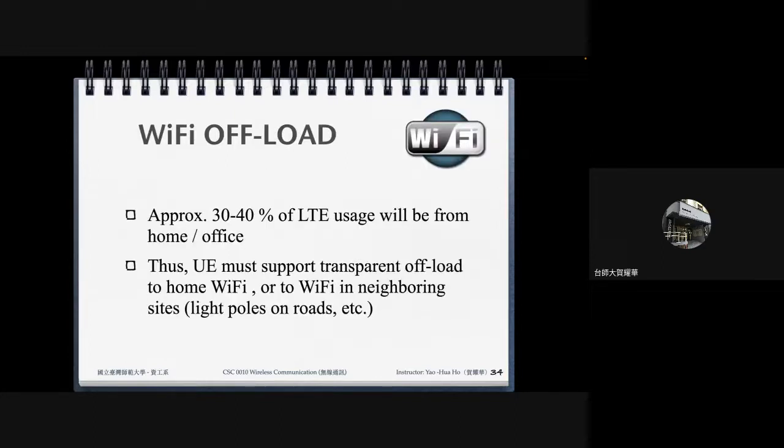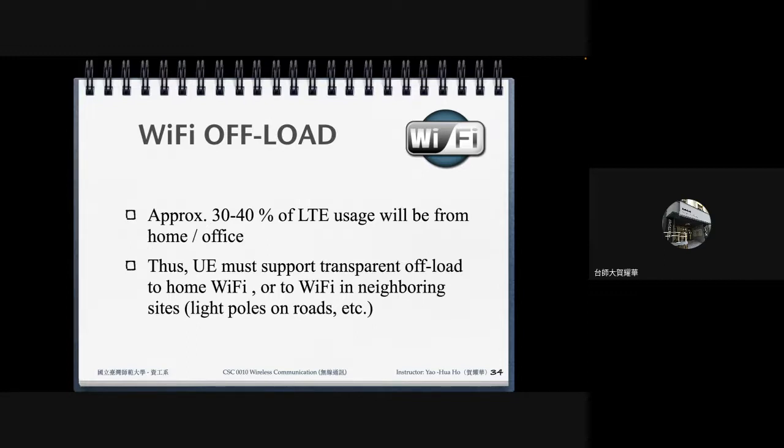They are also able to provide the availability of Wi-Fi offloading. Using fourth and fifth generation, they use Wi-Fi offload, which means approximately 30 to 40% of LTE usage will be at home or office, so that a mobile device can support transparent offload to Wi-Fi, or Wi-Fi to a neighbor site.